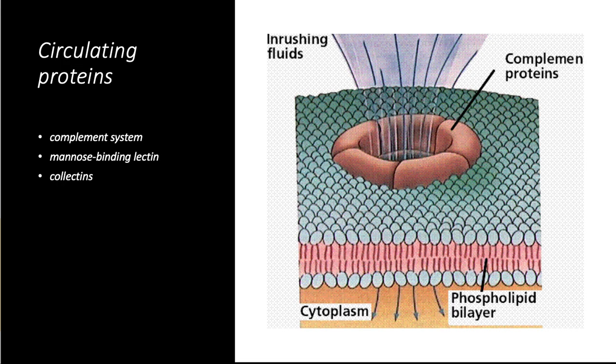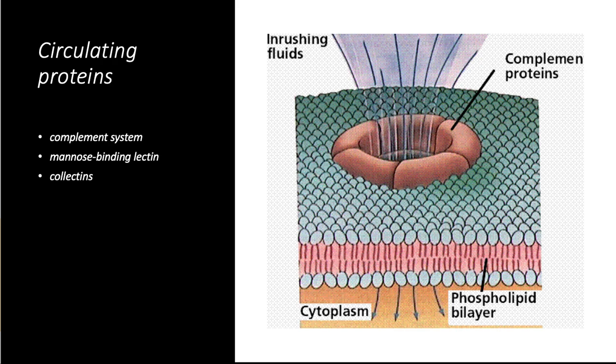Several plasma proteins recognize microbes and function to destroy blood-borne microbes and to stimulate inflammation at tissue sites of infection. The complement system reacts against microbes and produces mediators of inflammation.